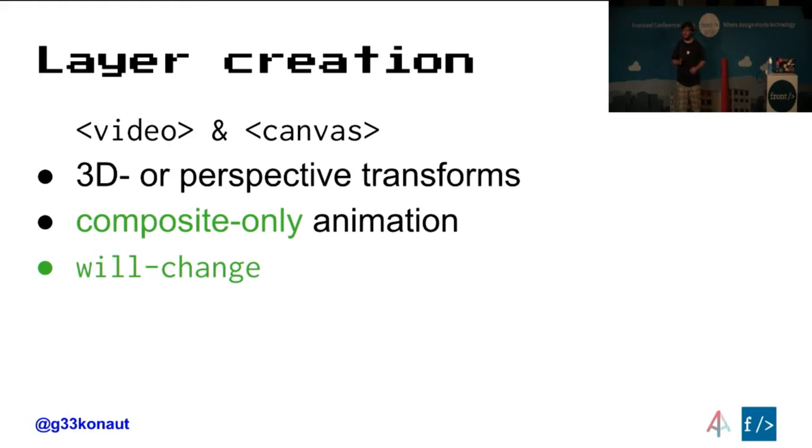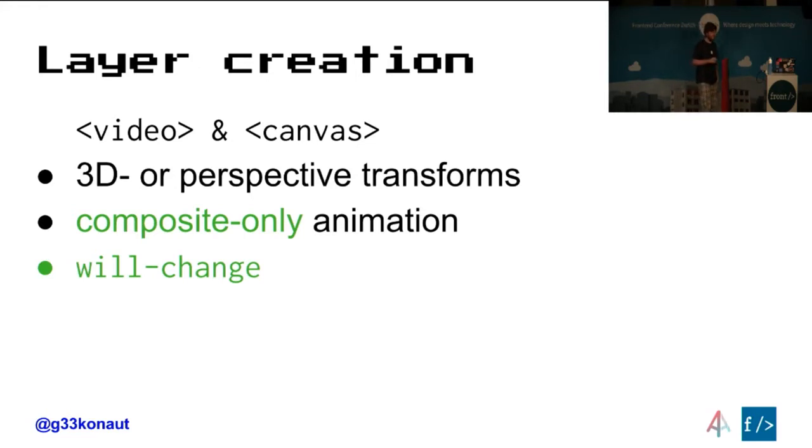Also, and that's the fun thing, animations, because browsers are clever, most often go onto the layer. But still, there might be animations that are on their own layer and do not repaint, but still are not what you would expect them to be in terms of how they work. So it's not only 3D transformations, it's actually a lot of animations that might be surprising to be on their own layer, but it's really convenient that they are.